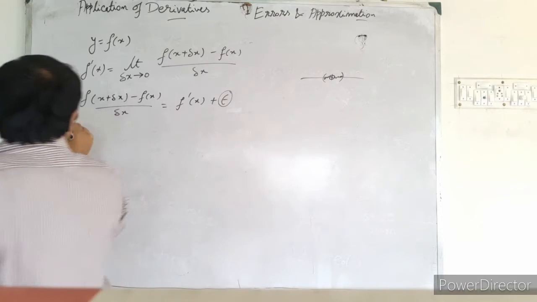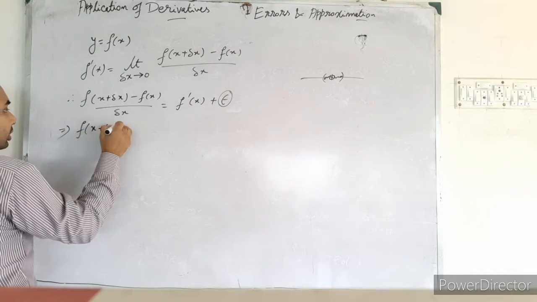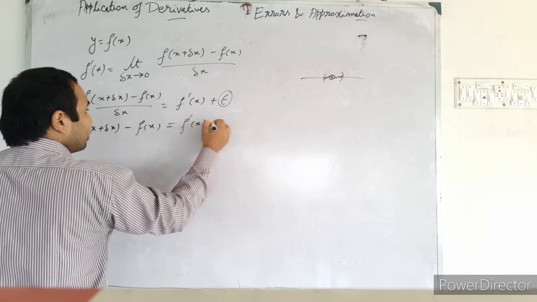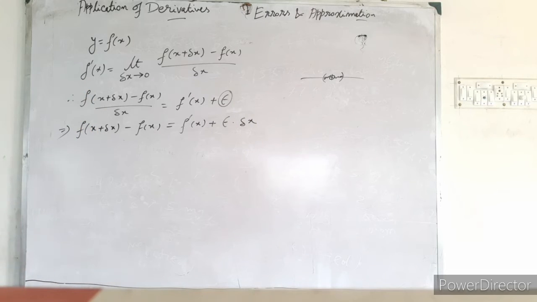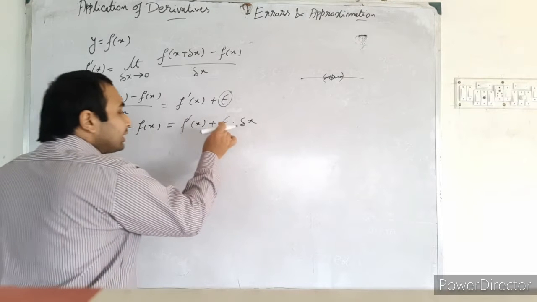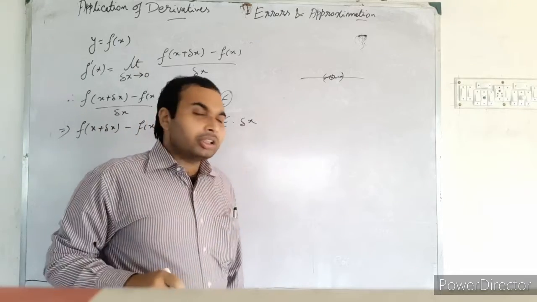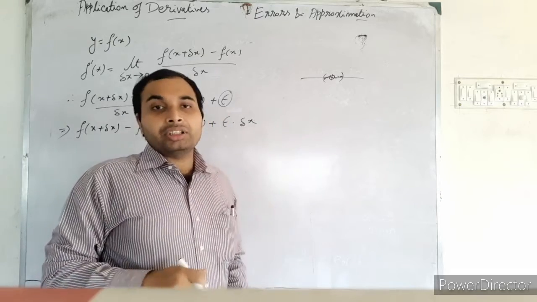Now students, if we simplify this equation, epsilon is a very small number, and del x is another very small number.